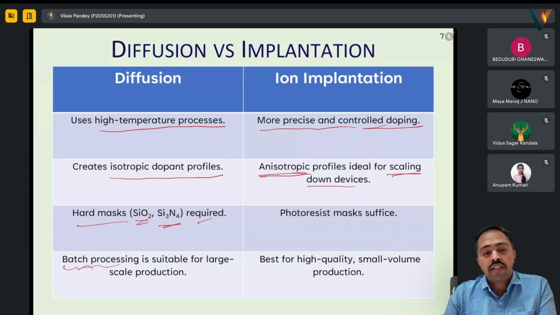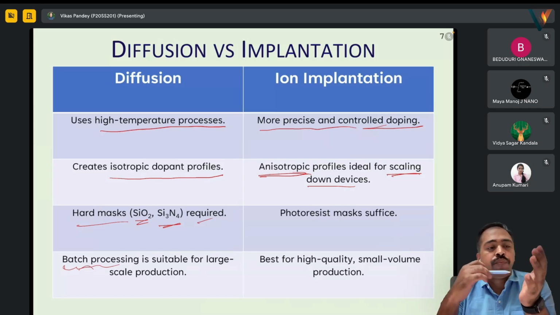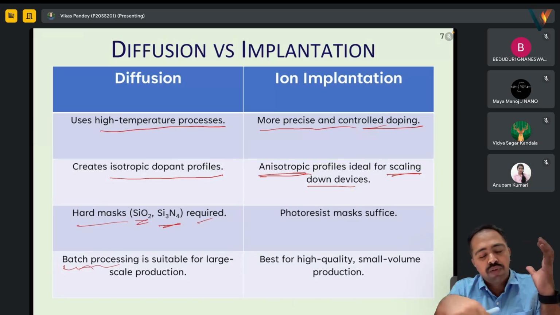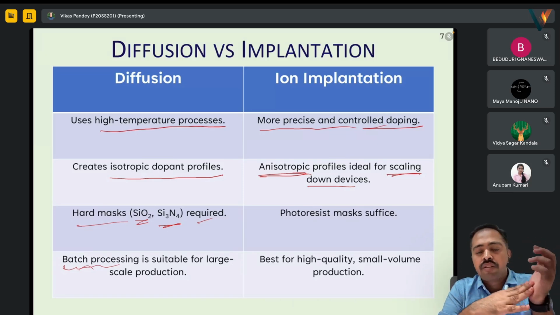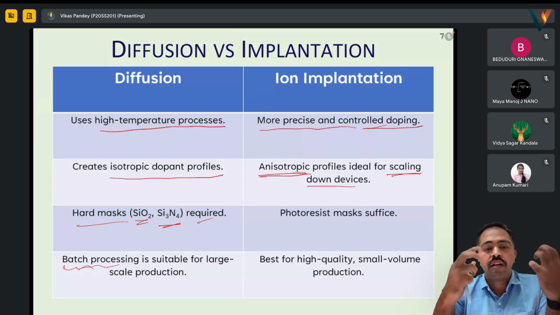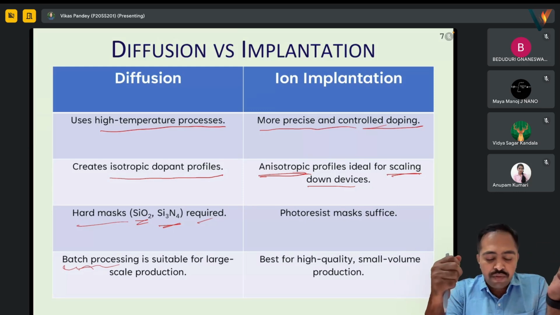For large scale production, diffusion is much better. Whereas in case of ion implantation, the quality is good, but it is a very time taking process. You cannot do batch processing. There is a limit to how much you can put, like 3 or 4 wafers, or 10 maximum. But in case of diffusion, we can process 100 or 1000 wafers at once.